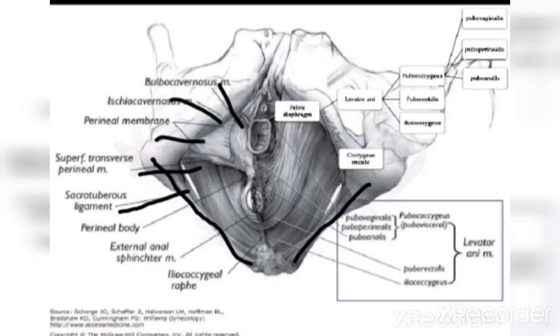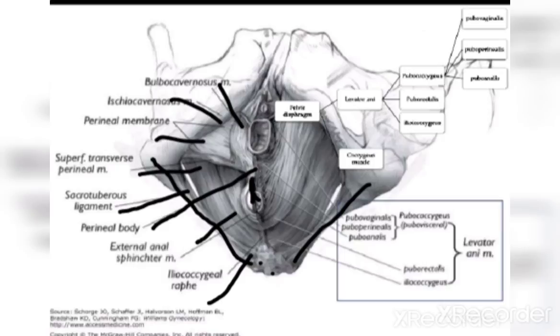Then there are the perineal body and the external anal sphincter at the anal opening. Then there is the iliococcygeus and the iliococcygeal raphe. From here we can see the pelvic diaphragm.